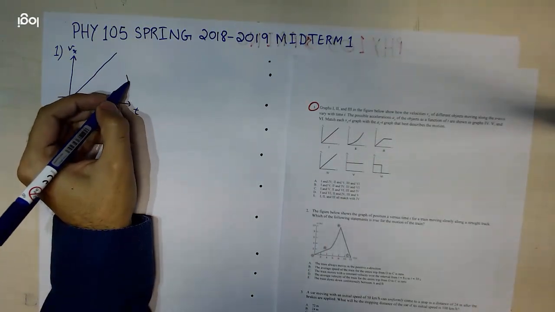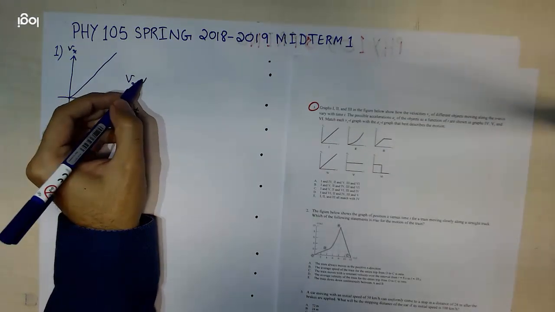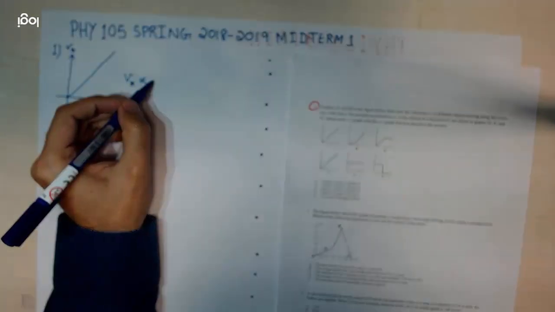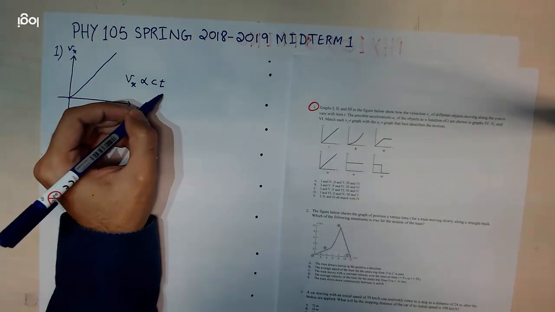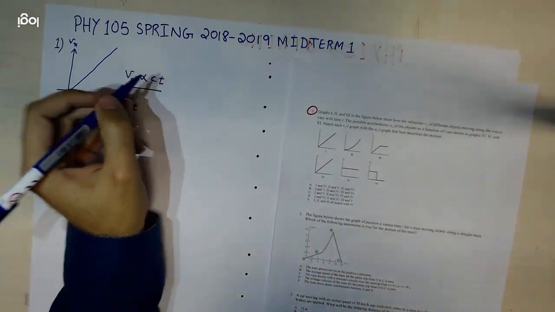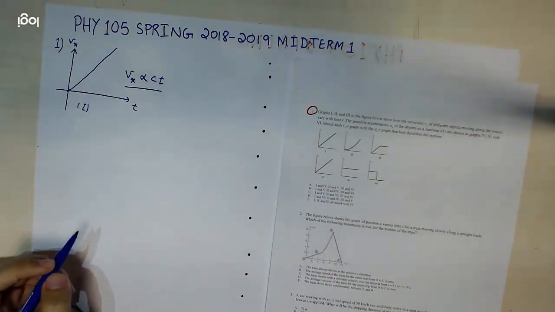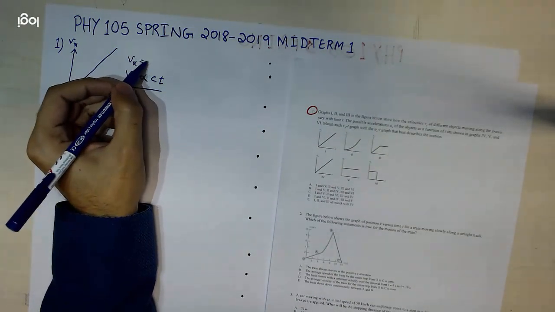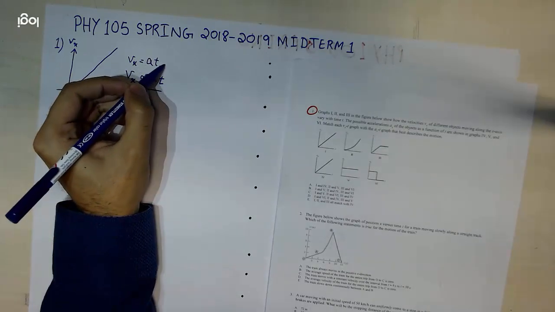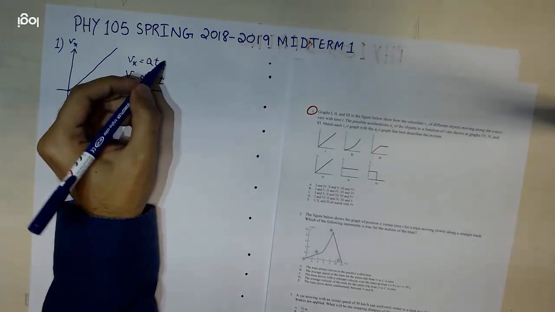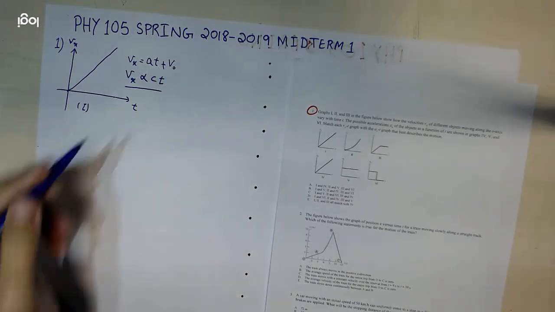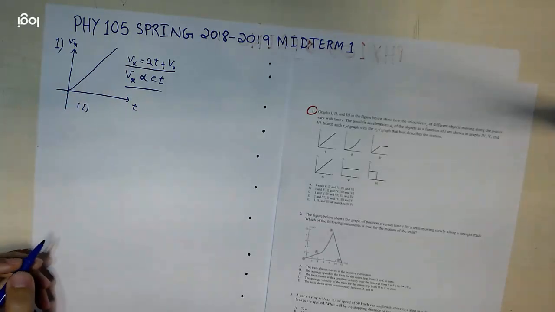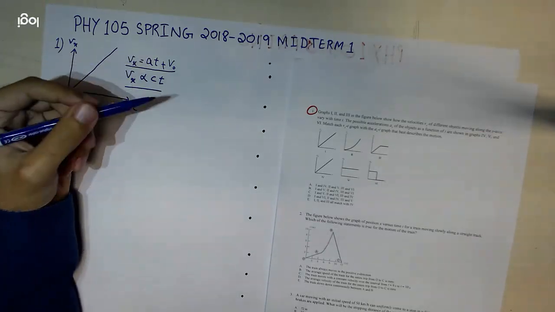As you can see, the relation is linear. The possible equation for v is, we can see, a t plus v0. That is the relation between v and t.